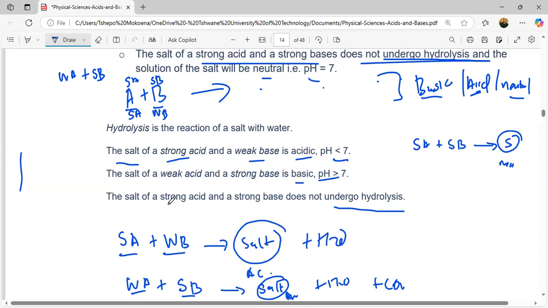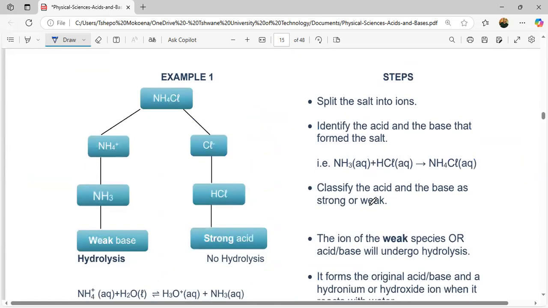The salt of a strong acid and a strong base, the pH of the solution will be 7. And this salt is neutral and no hydrolysis will take place. So I will end it here and then I will send another session for continuation.